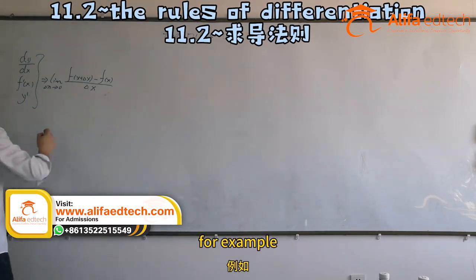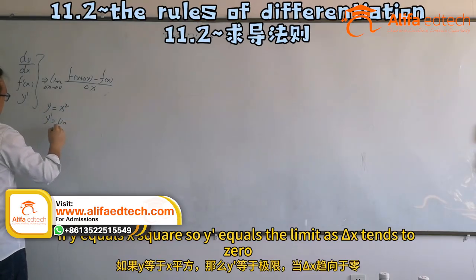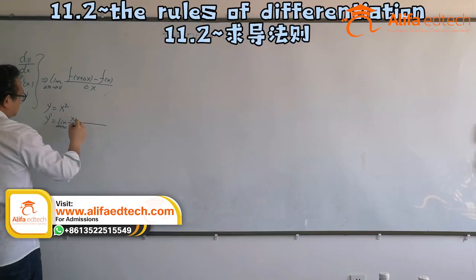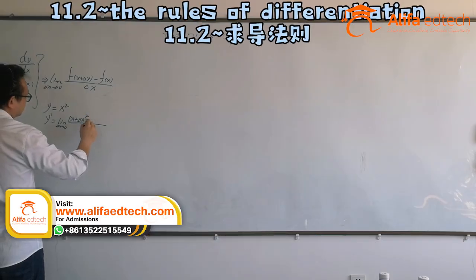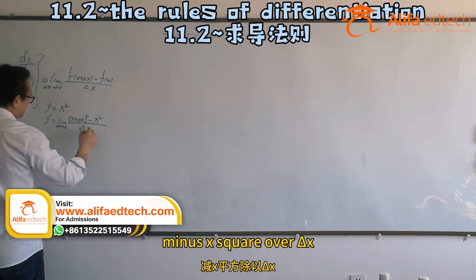For example, if y equals x squared, so y prime equals the limit as delta x tends to 0 of the square of the sum of x and delta x, minus x squared, over delta x.